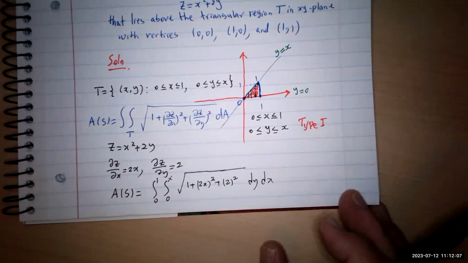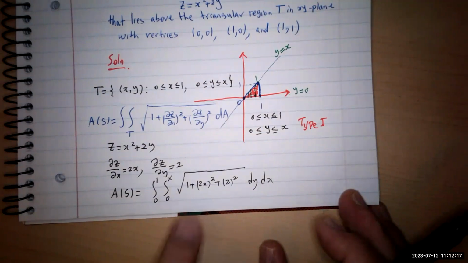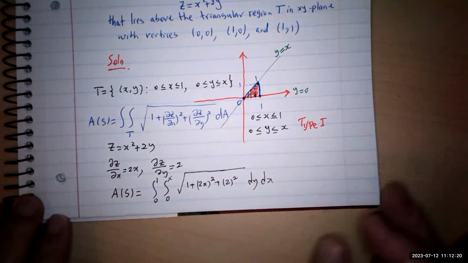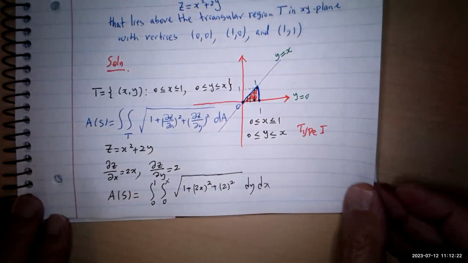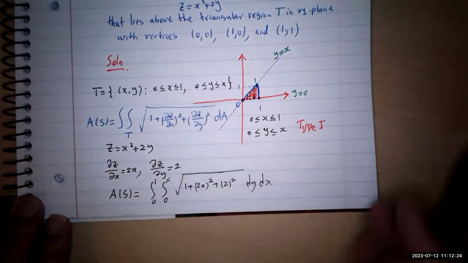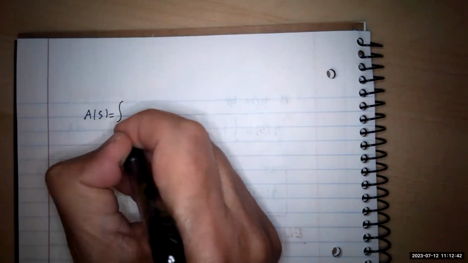Simplify the inside and then integrate it. Carefully, what's going to be the inside? 2x squared will be 4x squared, plus 4. So we have to simplify it a little bit inside the radical. We continue here with the surface area: y from 0 to x, x from 0 to 1.